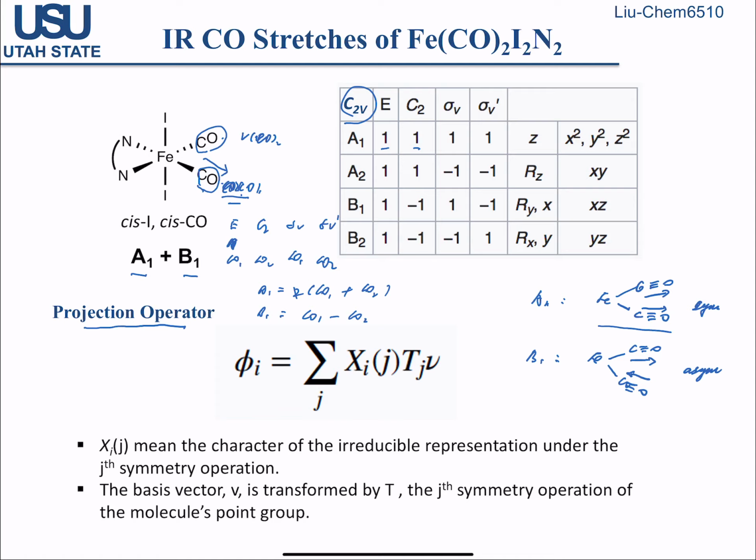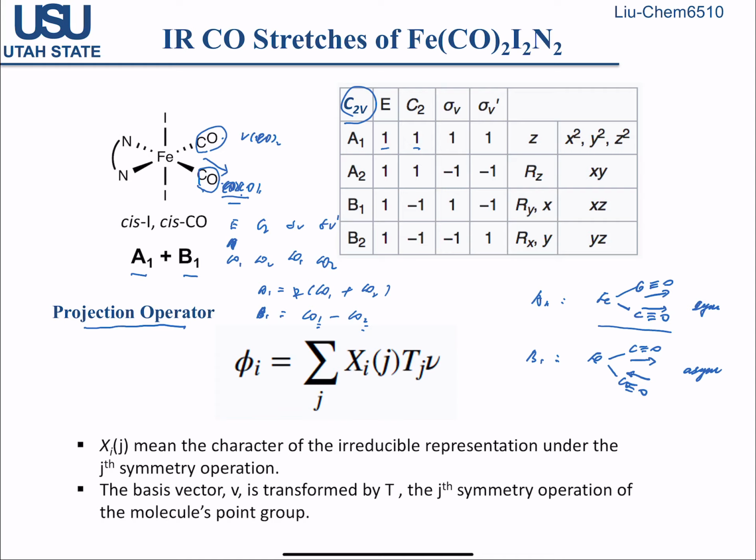That's not carbon dioxide, it just indicates different CO stretches. So you can use this projection operator to derive how each individual CO stretch contributes to the irreducible representations.